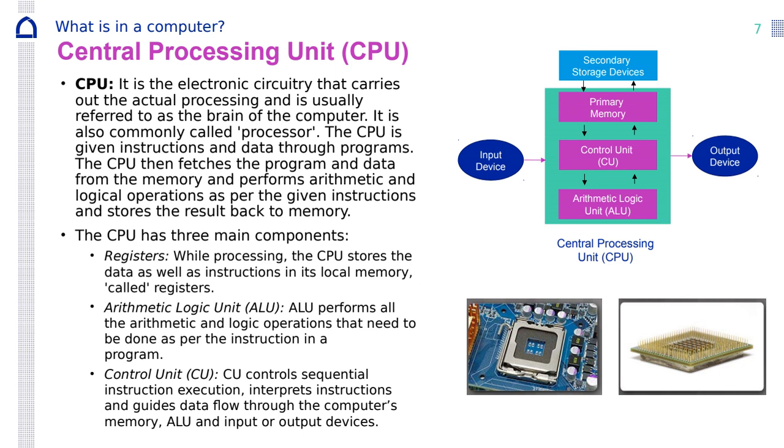The three main components of the CPU are registers. The CPU stores the data as well as instructions in its local memory called registers. When it wants to execute, it brings the data from the big storage and uses registers to store it temporarily until it executes the data.